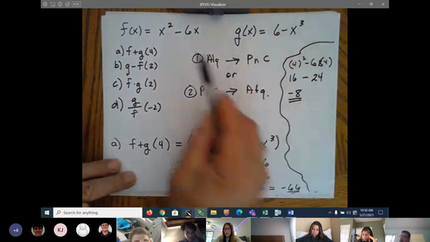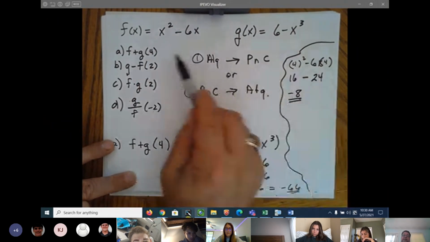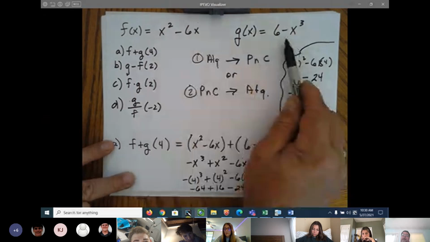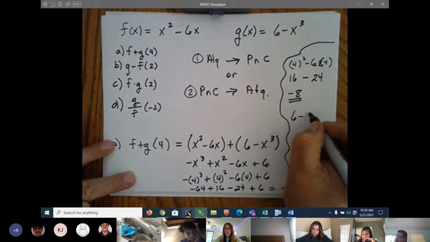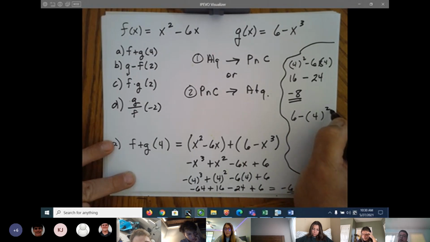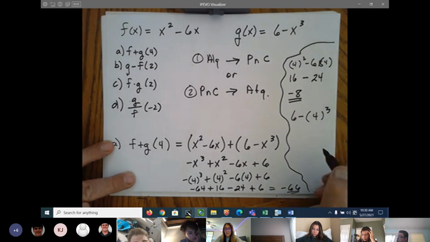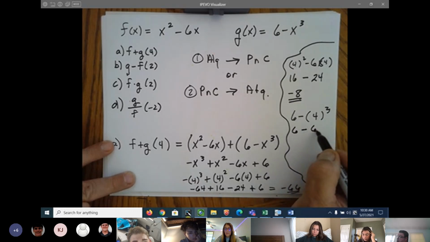Somebody check my math and make sure you get a negative 8. And then I take that 4 and I plug it into this. 6 minus parentheses 4 squared to the third power. And 6 minus 64.